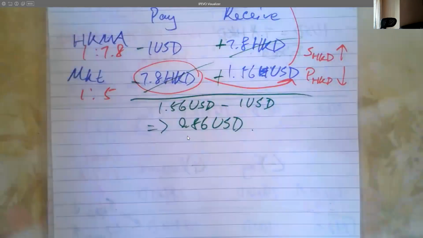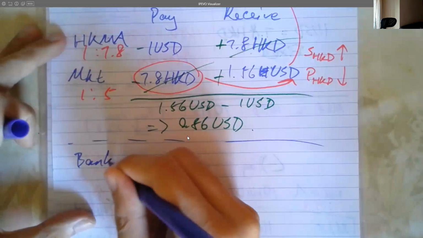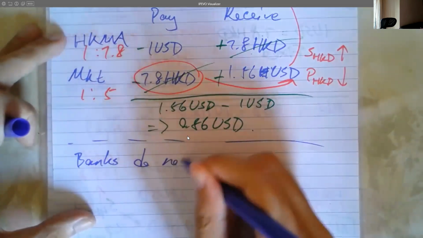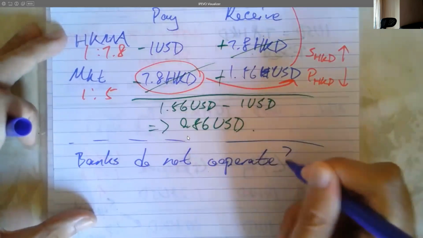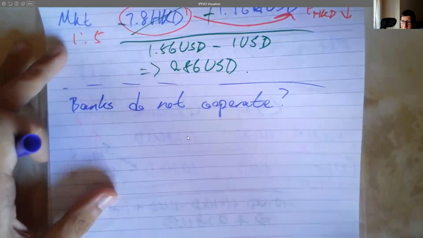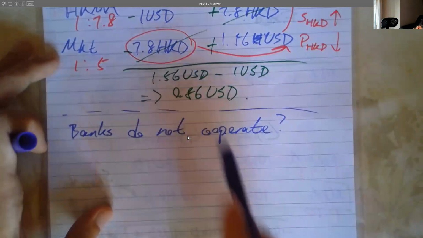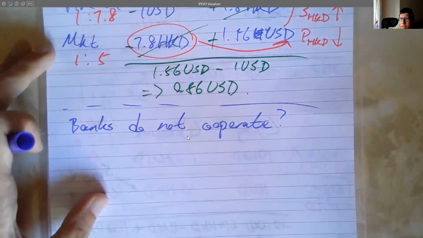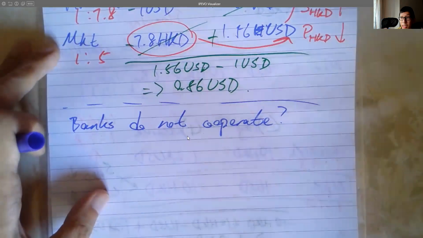Now, naturally, you ask the question: what if the banks do not cooperate? It can happen. Let's say the banks find the profit not high enough. They can use the same money to buy other currencies, to invest in other things that make more money. So sometimes they will not do it.